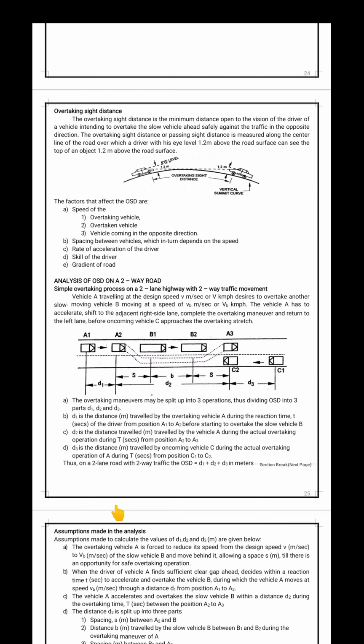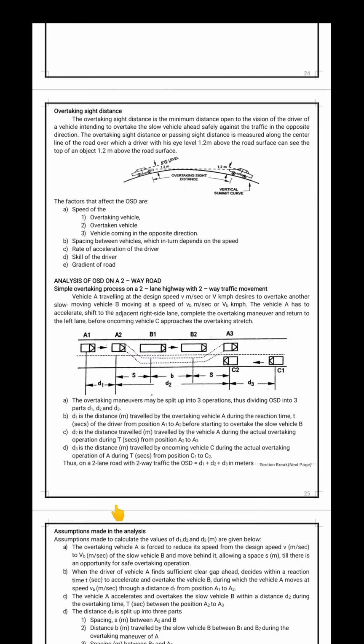d2 is the distance traveled by the overtaking vehicle A during the actual overtaking operation, capital T seconds, from position A2 to A3.